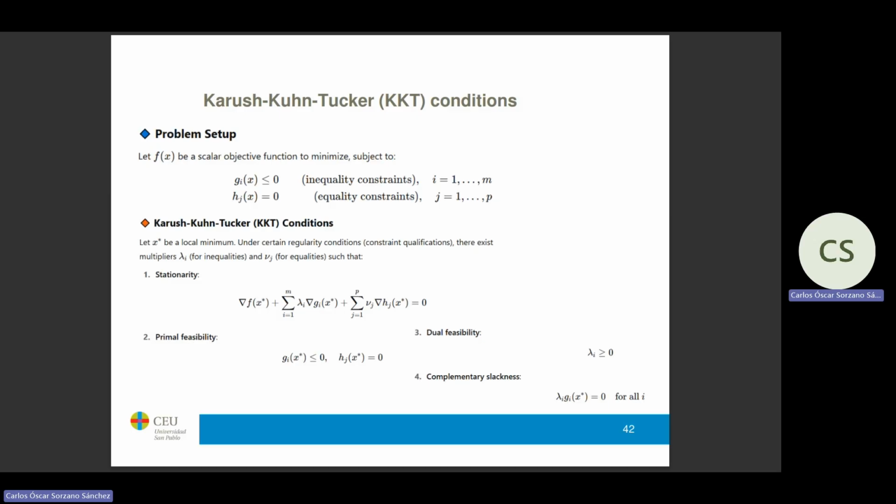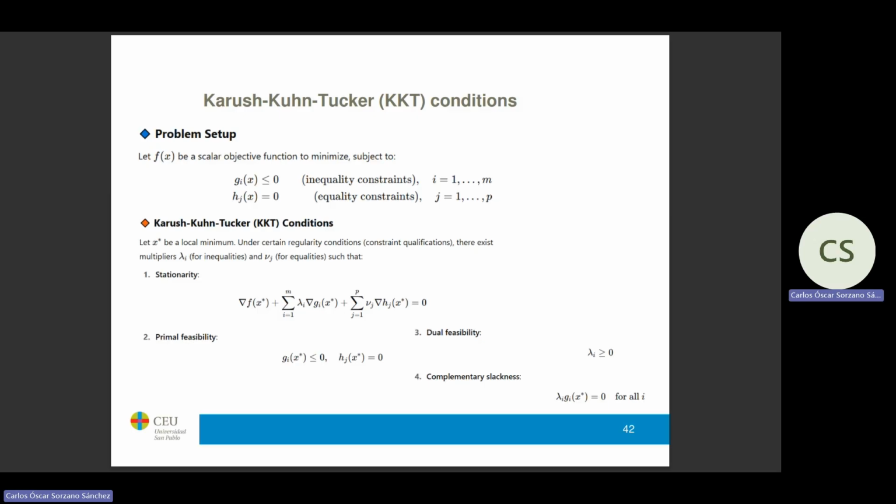This is called the stationarity condition. Except for this part, it's the same: the gradient of the function has to be in the space spanned by the gradient of the equality constraints. But now it is not only this space, but the space spanned by this as well, and this comes from the inequality constraints.